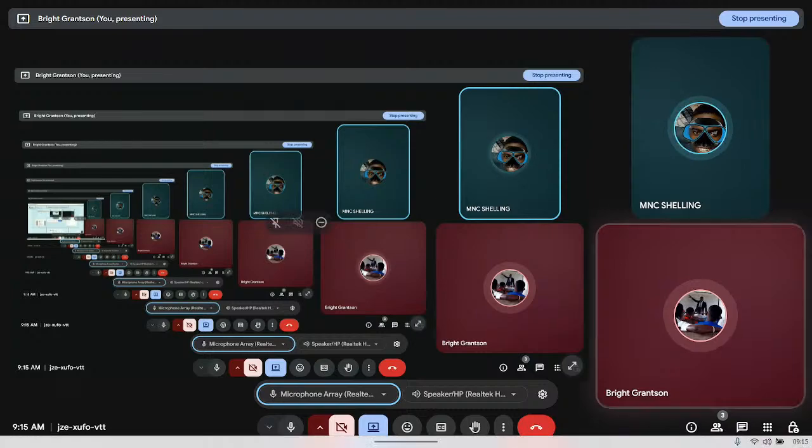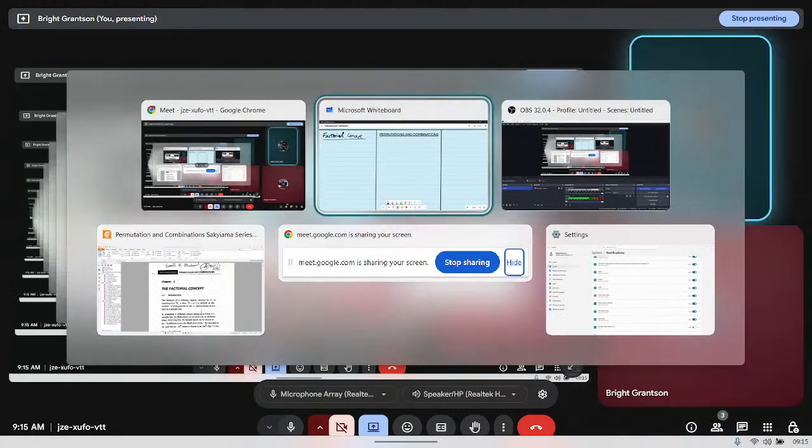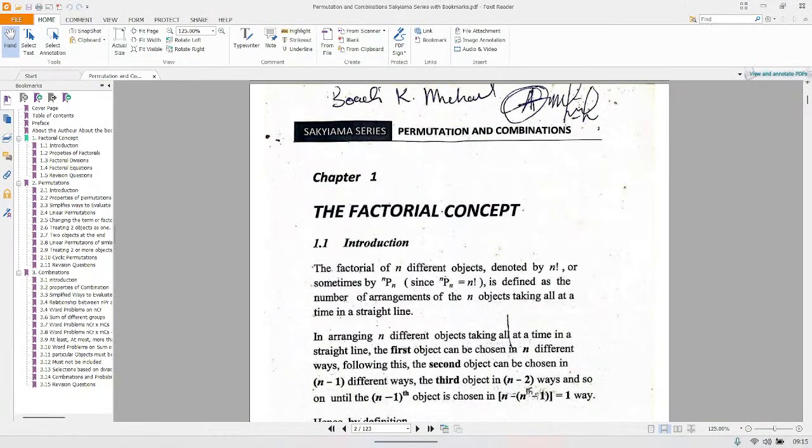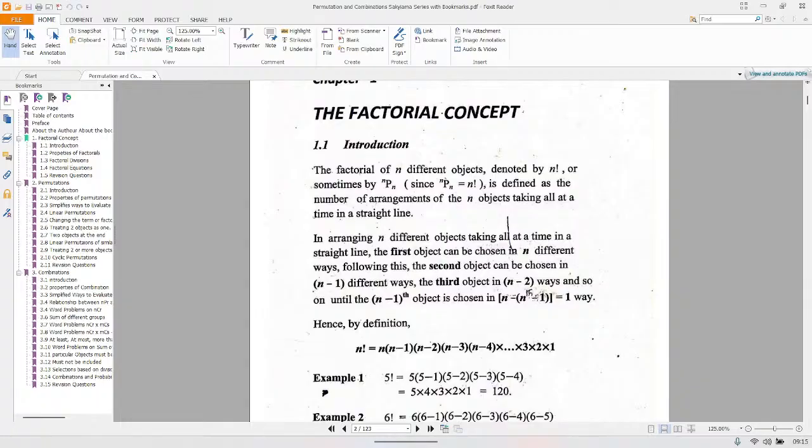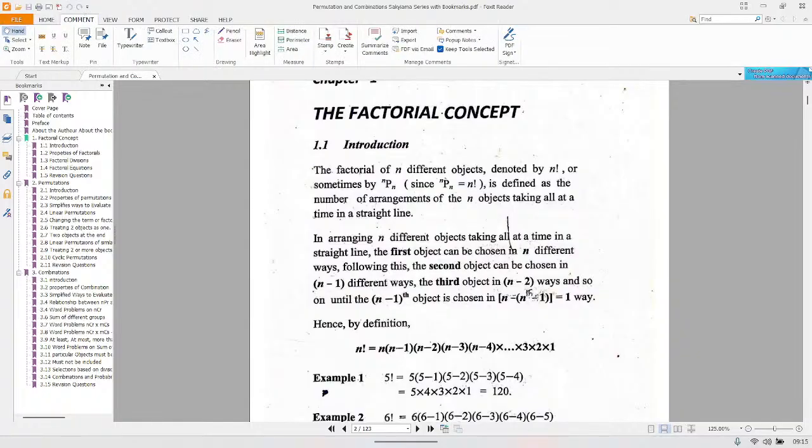Okay, so I hope you can see my screen. Let's start. The whole idea of permutation and combination boils down to the factorial concept. The factorial of n different objects, denoted by n factorial, with the exclamation mark, or sometimes by nPn, is the same as n factorial.